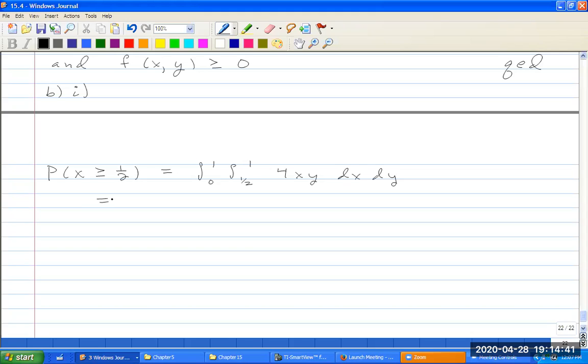Okay, so let's integrate this. This is going to be the integral from 0 to 1 of 2x squared y between 1/2 and 1.